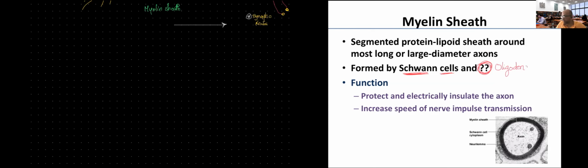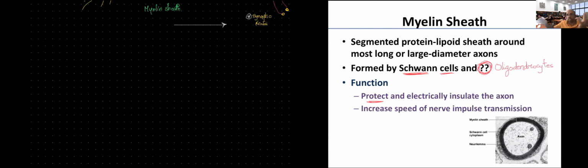Anybody? Oligodendrocytes, exactly. Oligodendrocytes. So the function of the myelin sheath is to protect and electrically insulate the axon.